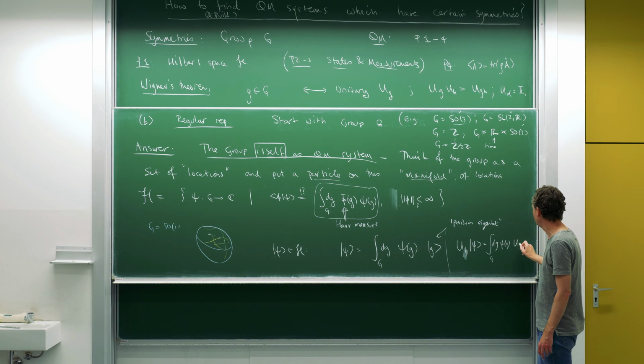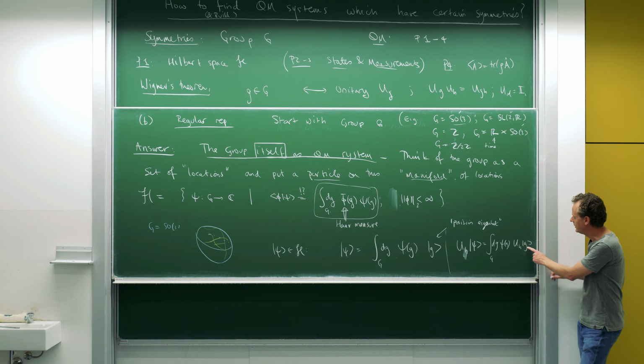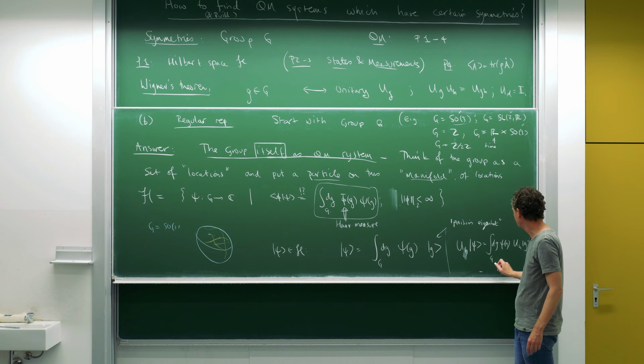So G, and then H acts on G. What would that mean? That would mean you take the point G and you translate it by H. If we have just Euclidean space, flat space, it's kind of clear what that means, right? If I'm at the point X and I'm translating by Y, then I go to the point X plus Y. And that's exactly how this representation works.